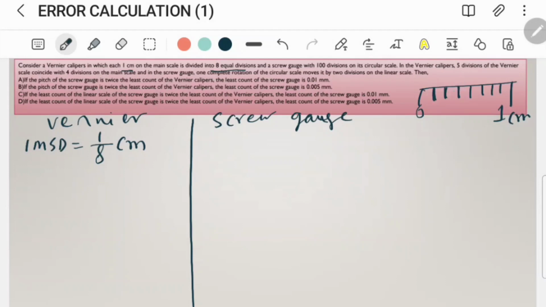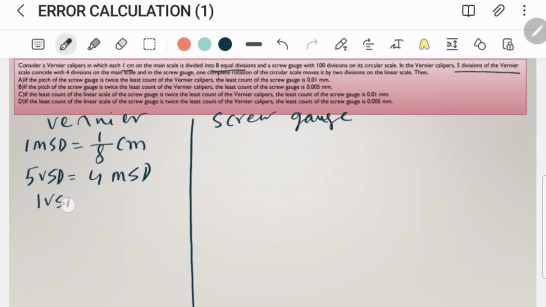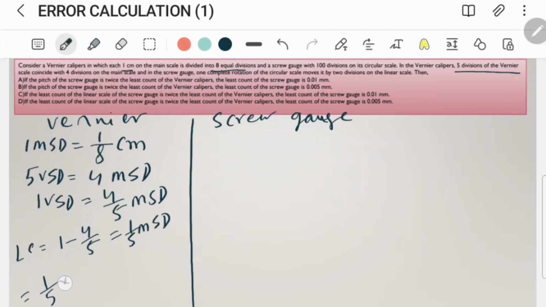So each of these lines can measure up to 1/8 of a centimeter. The next information that is given is that 5 divisions in the vernier scale coincide with 4 divisions in the main scale. That means one vernier scale division is 4 by 5 of the main scale division, so the least count is 1 minus 4 over 5, or 1 over 5 main scale division, which is 1 over 5 into 1 over 8 centimeter, or 1 by 40 centimeter.